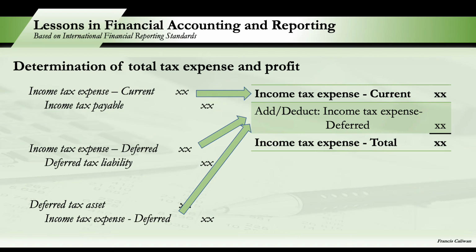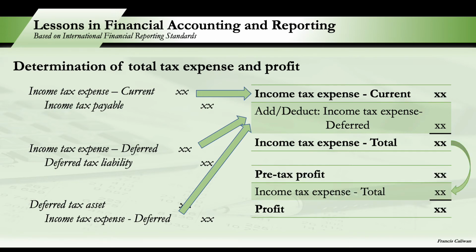And this total income tax expense will be used in the determination of our profit. So pre-tax profit minus the total income tax expense, we will arrive at our profit or net income for the period.